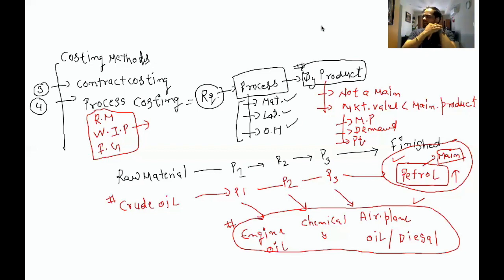So we can take another example which has multiple processes and the process gives you byproducts. The example is making a table. If you want to make furniture, what do we need? We need a raw material, which means timber, which means we cut the tree. Tree or timber is the raw material.